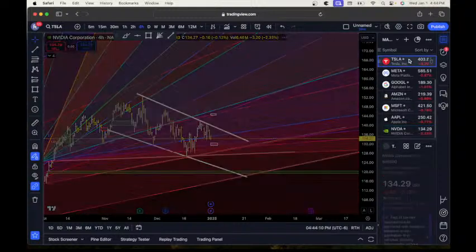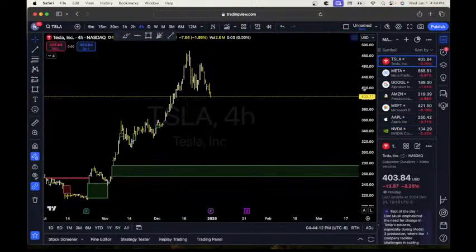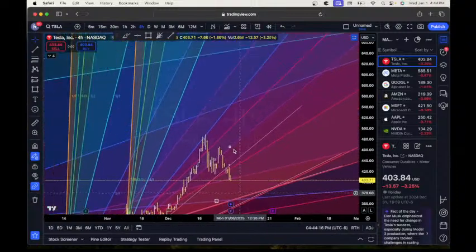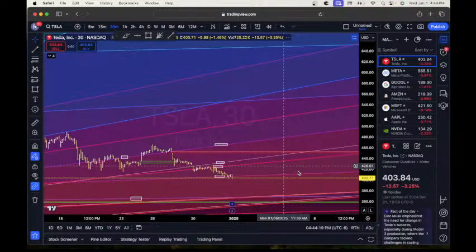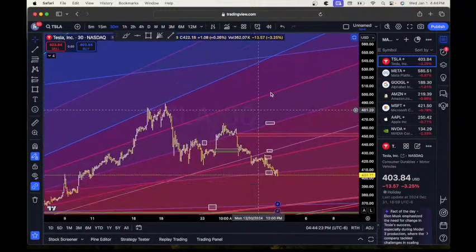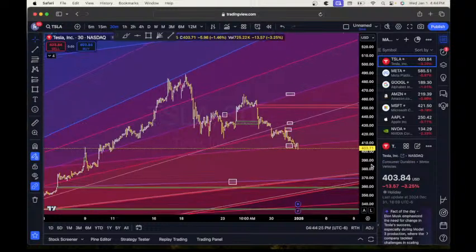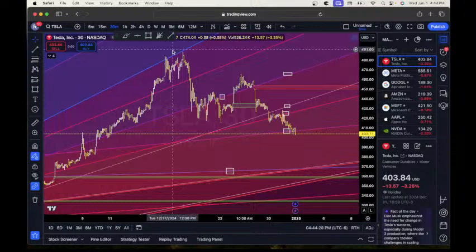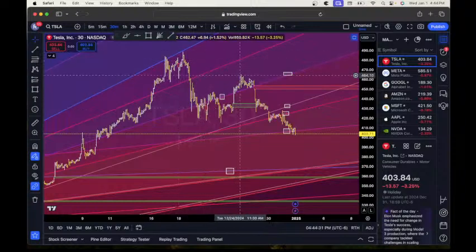Tesla flushed. I feel like I need to go back and look at this. But 30 minutes, it had a good run, a very good run. But look at how it's trading though. It's making nice runs back up, dumping. Another nice run, dump it.